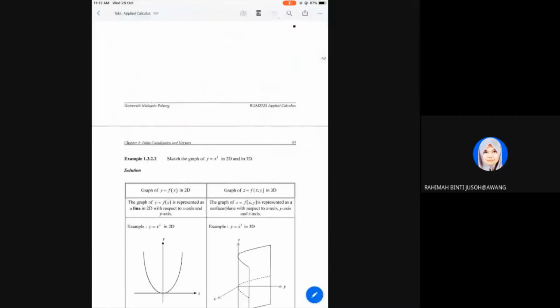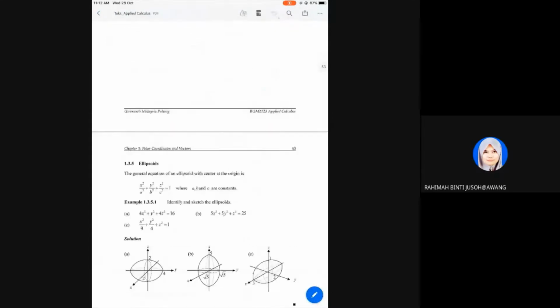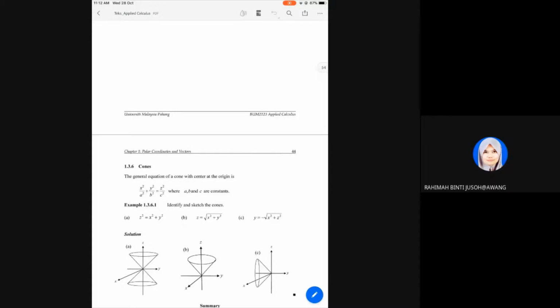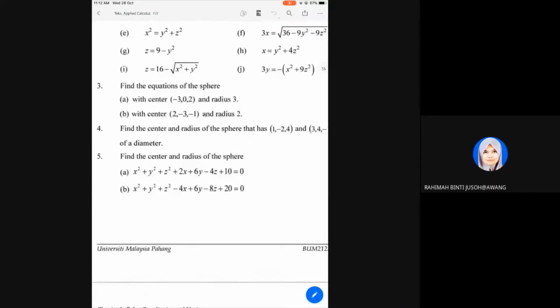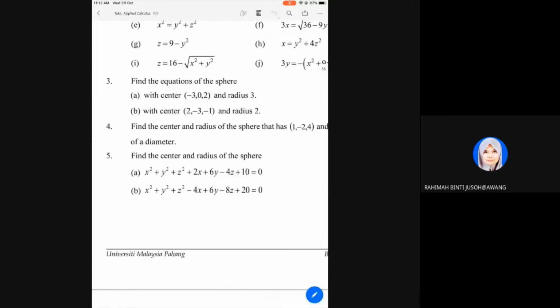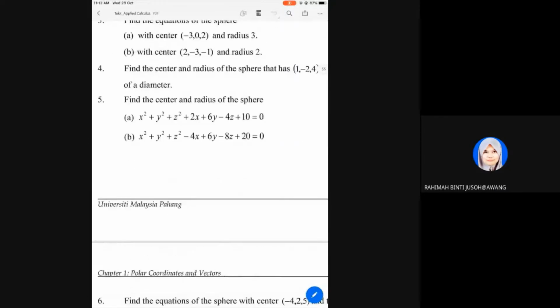Kita tak buat soalan modul hari ni. Tengok exercise 1.3. Kita buat soalan nombor 5 lah. Let us do question number 5B.